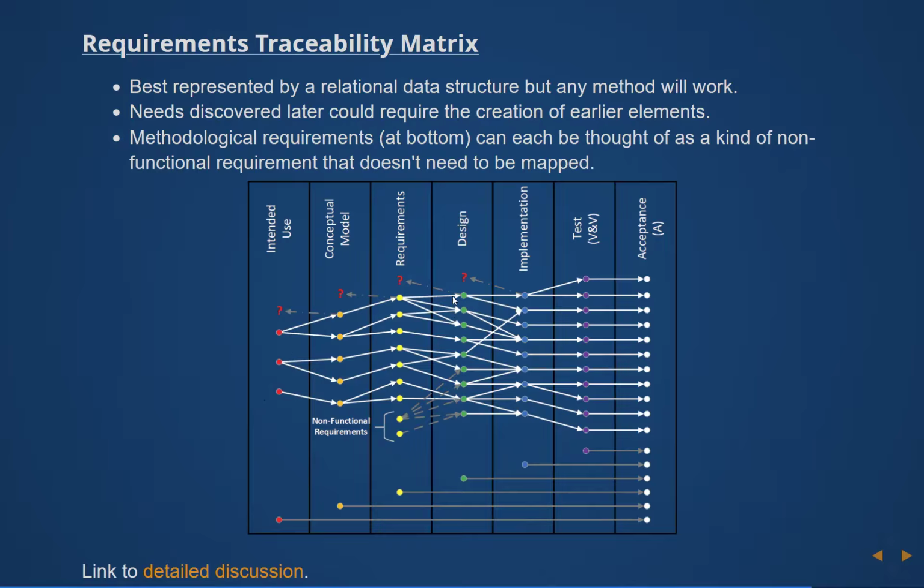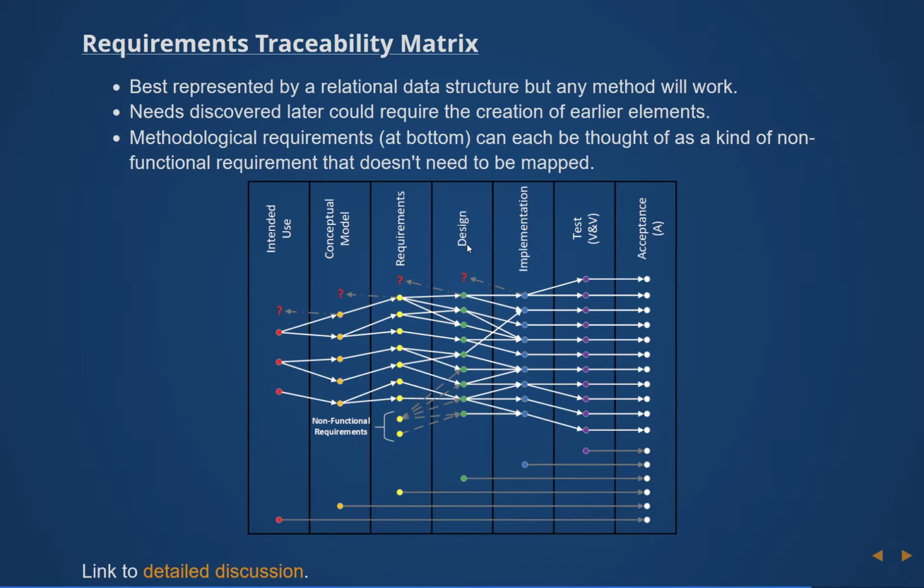The design, there should be an item that should map back to all the requirements. Now, these things may map one to one, one to many, or many to one in both directions. So this can be as complex as you want.